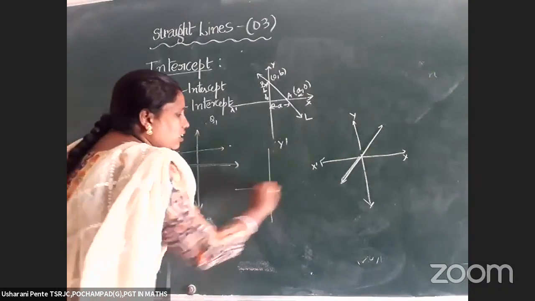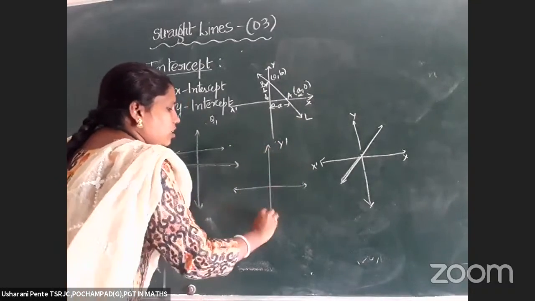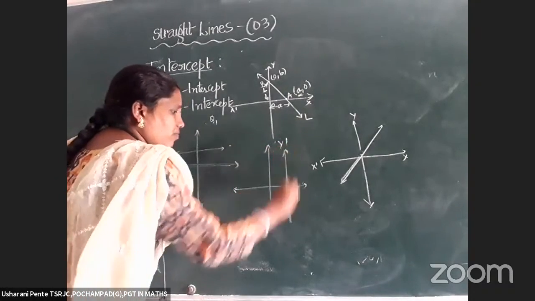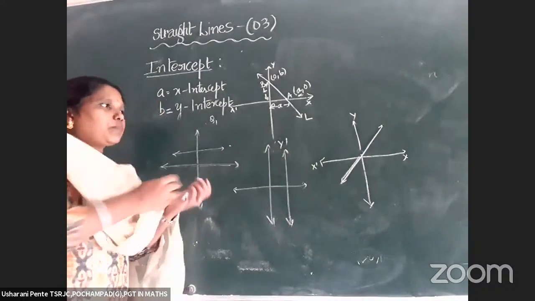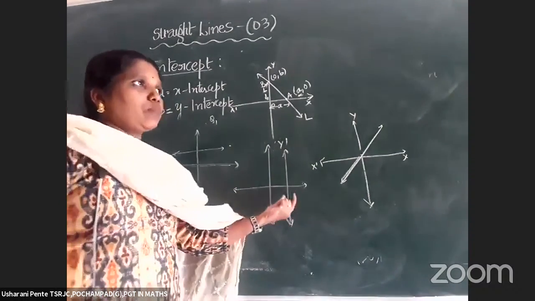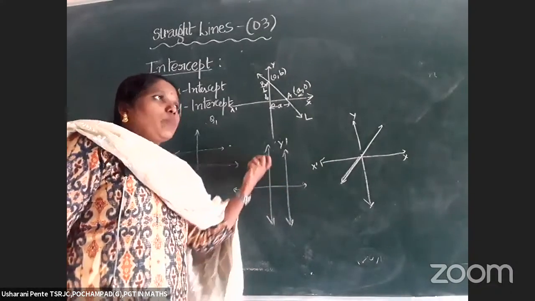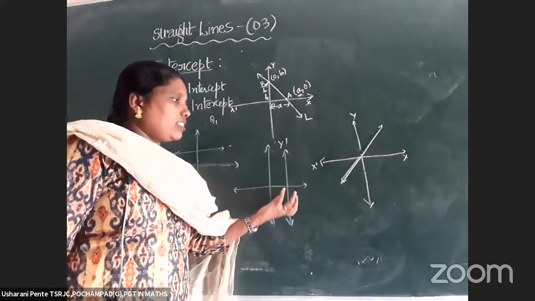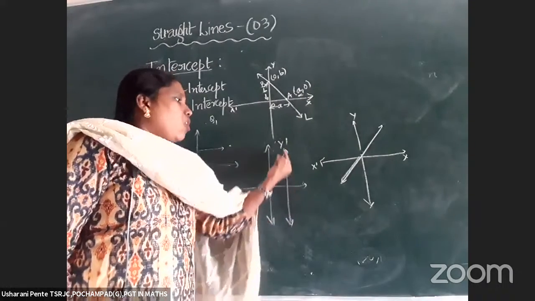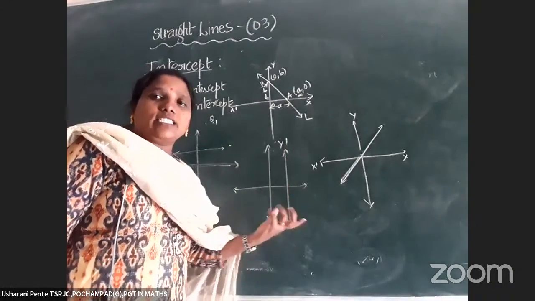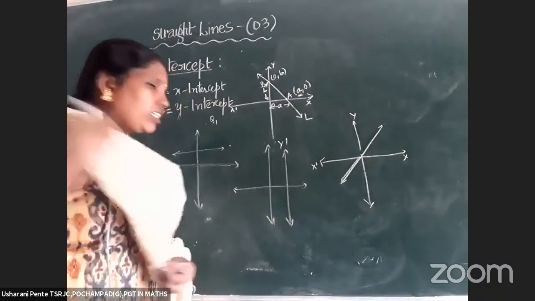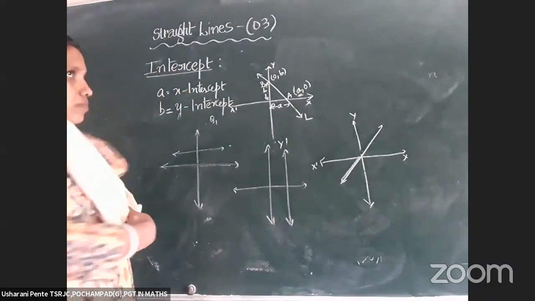And what is the y-intercept of a vertical line? Is it intersecting anywhere on the y-axis? No, it is not intersecting. Therefore, the y-intercept of the vertical line is 0.